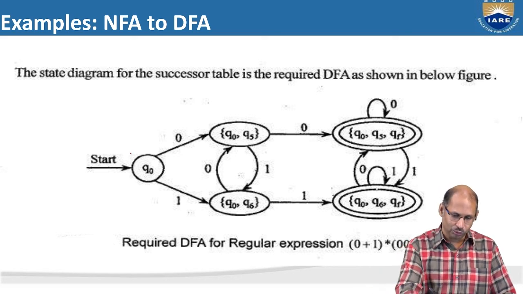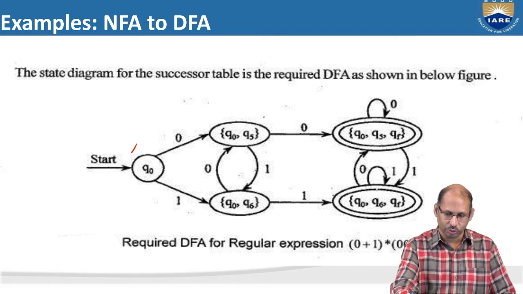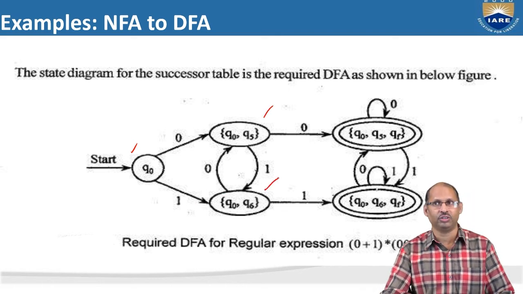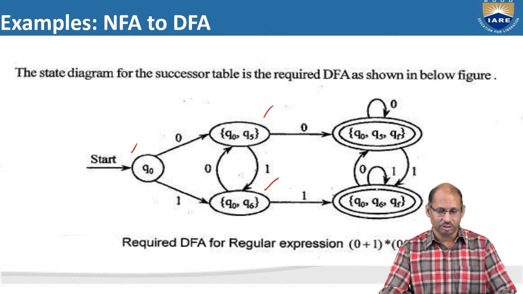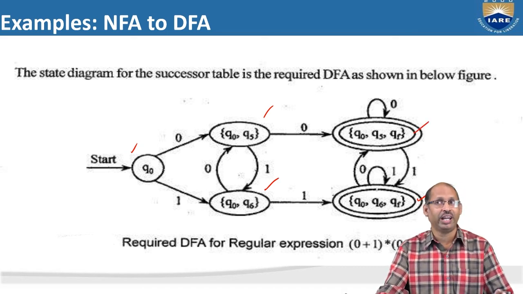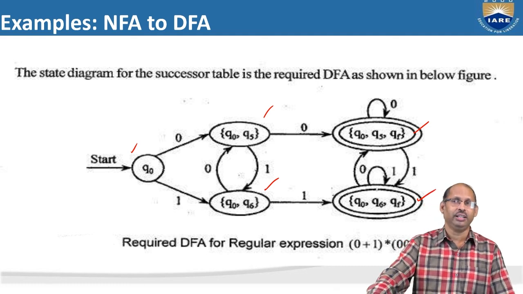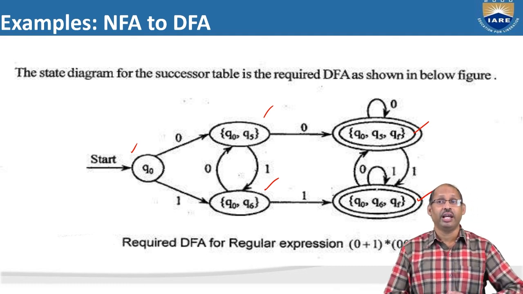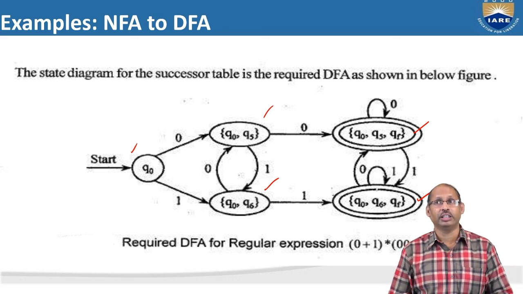So this is the Q0 state, on 0 and 1 going to Q0 Q5, Q0 Q6. On their transitions it is going to Q0 Q5 QF, Q0 Q6 QF. Right? So this is the transition diagram for the DFA which is equivalent to the given NFA.